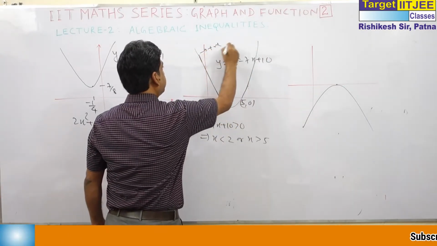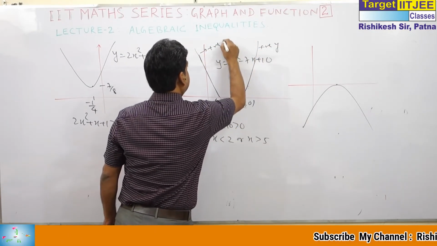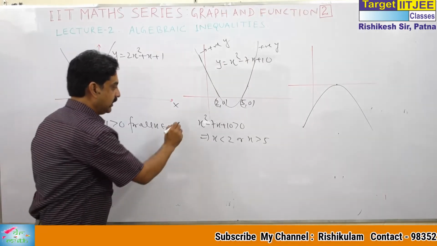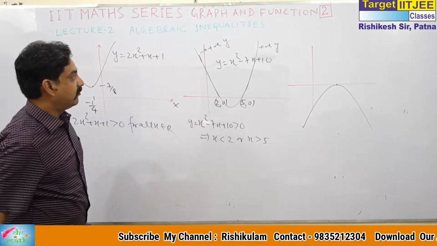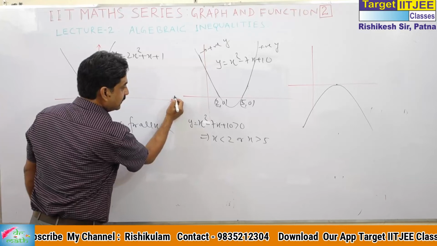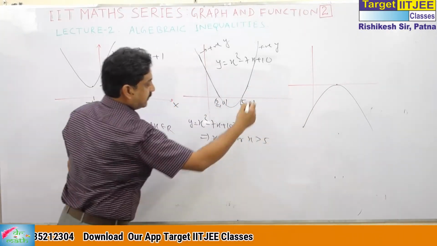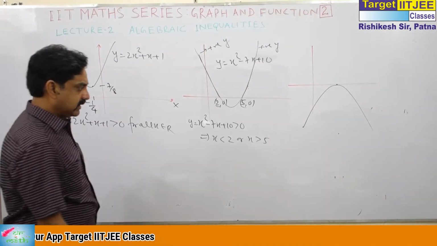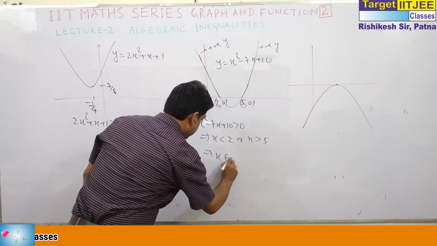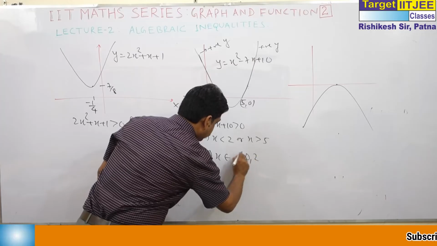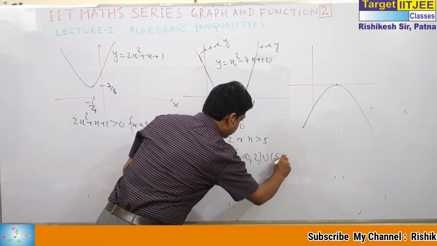So this is the positive part of the graph, positive y. This is y greater than 0. When positive y, x less than 2 or x greater than 5. This can also be termed as x belongs to minus infinity to 2 union 5 to infinity.